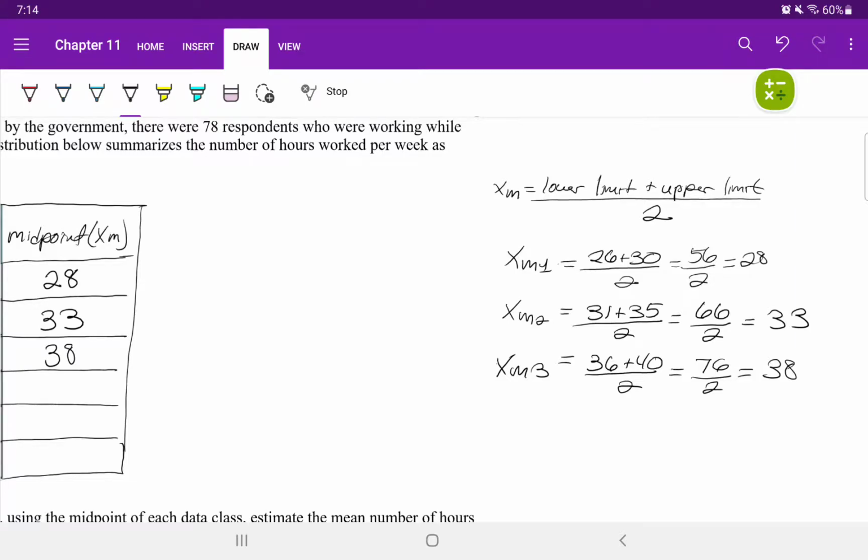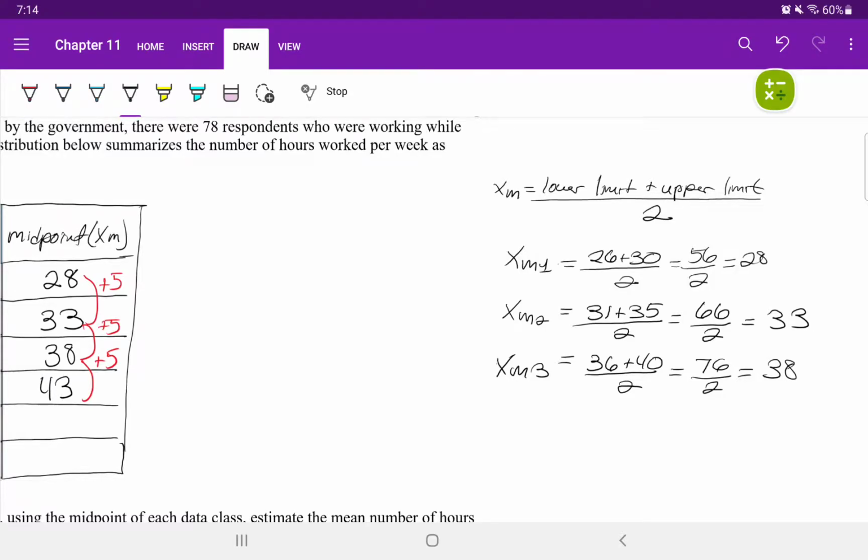Look at those midpoints. These midpoints, every time I find a new one, is increasing by 5 units. 28 plus 5 is 33. 33 plus 5 is 38. So then 38 plus 5 is going to give me 43.